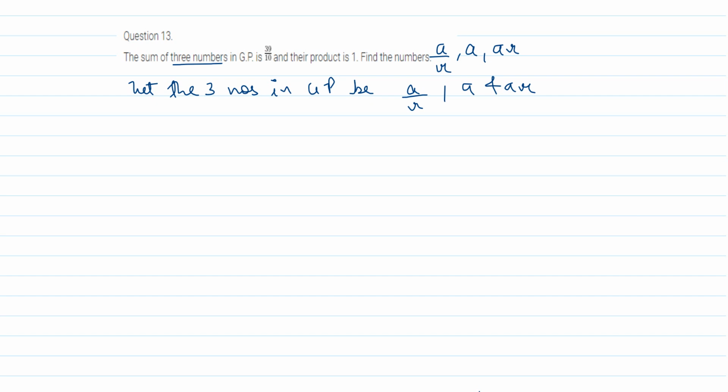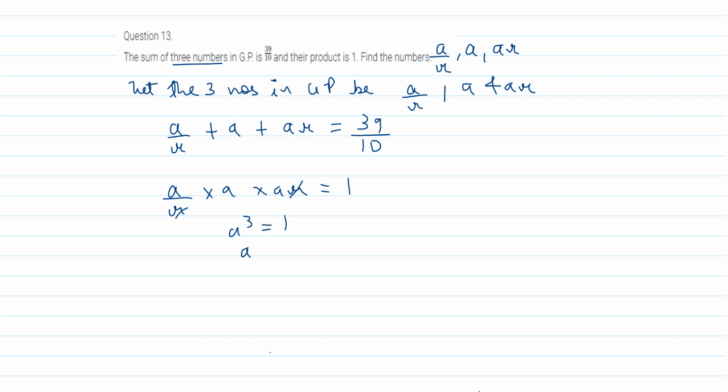So the sum, we are getting A upon R plus A plus AR is equal to 39 upon 10, and their product, that is the multiplication of these numbers, is given to be 1. So A upon R into A into AR is equal to 1. So R gets reduced. A cube is equal to 1, that is A is equal to 1.